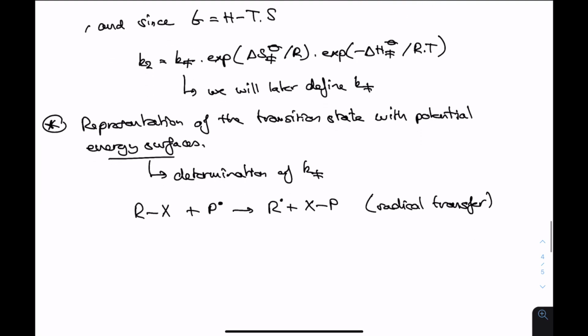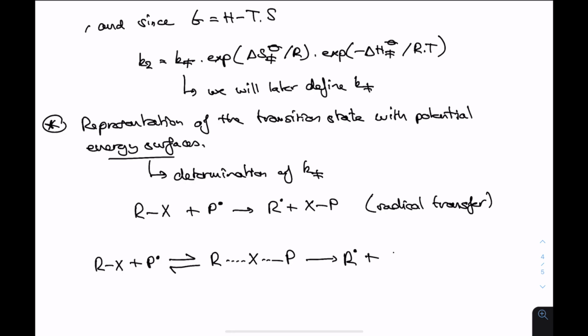Okay, so let's look a bit closer at this transition state. So it would be Rx plus P radical would be in pre-equilibrium with a transition state, which then reacts to the final products.